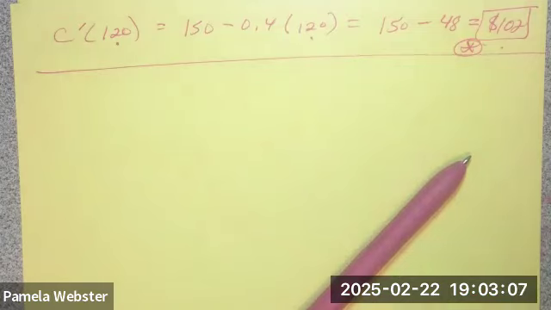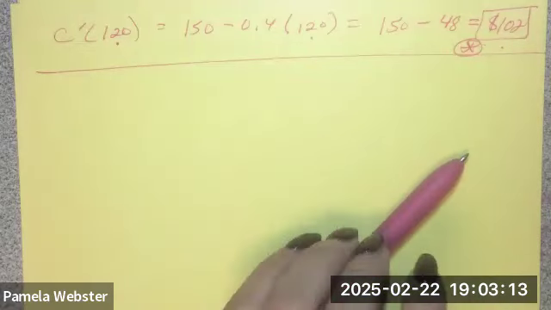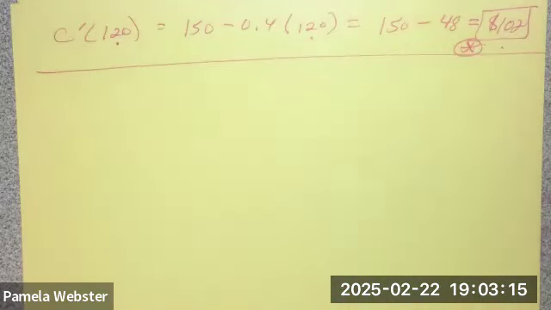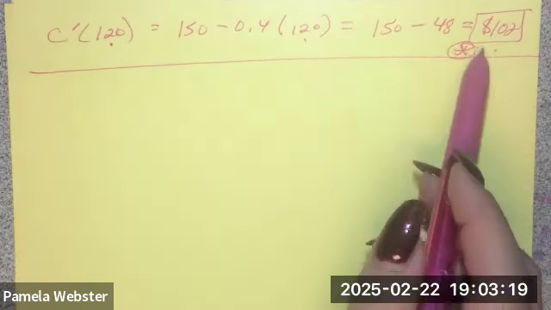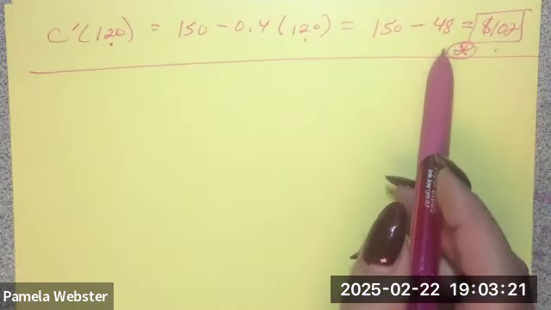I would care once I got into my accounting spreadsheets and all that. But right here in the moment, trying to figure out should we make that 121st bike, it's going to cost you $102. That's a good guesstimate. All right.